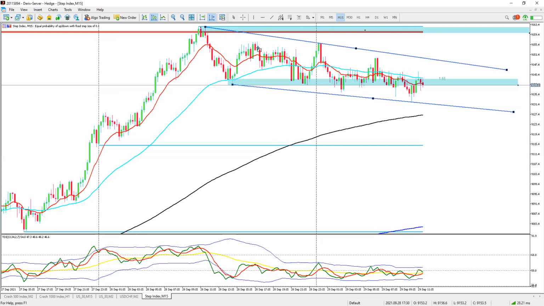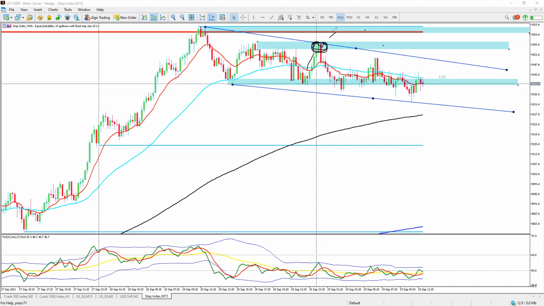Remember, on smaller time frames, it's minor zones which can easily be broken. So if I'm trading step index and my price is approaching this zone, I'll be looking for reversal candlesticks for a sell and momentum candlesticks or continuation patterns for a continuation buy.